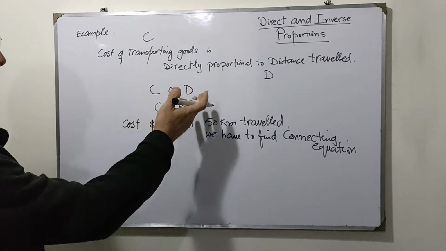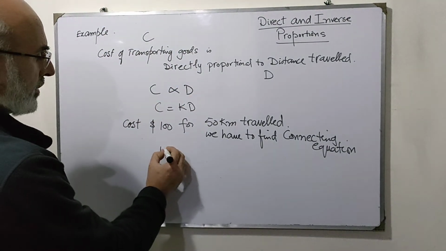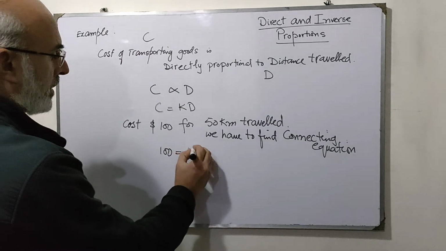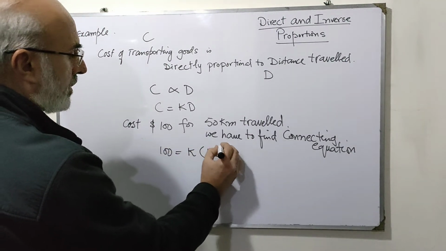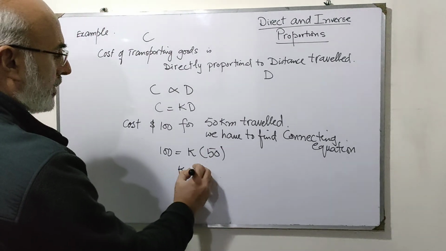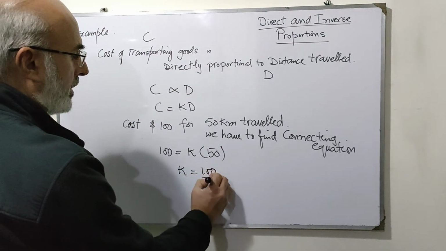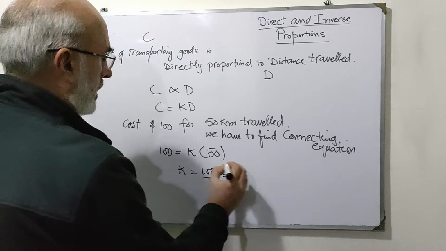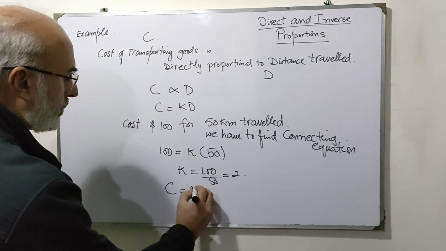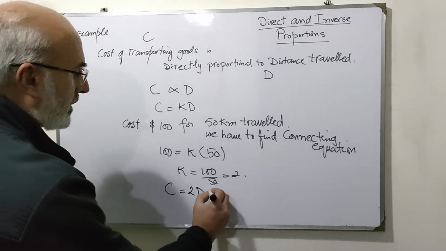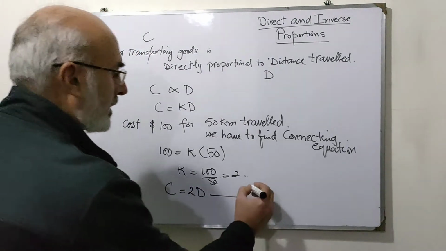So let's apply the values. We have 100 is equal to K into 50. So K is equal to 100 over 50, which is equal to 2. So we have C equals 2D. This is our connecting equation.